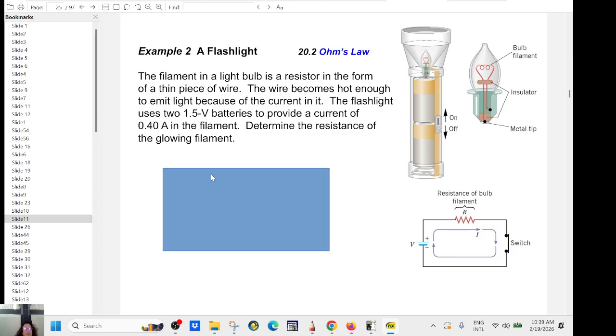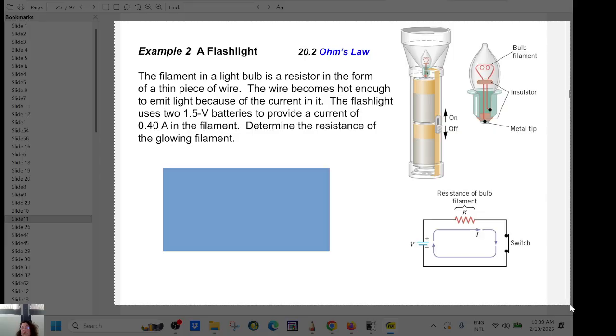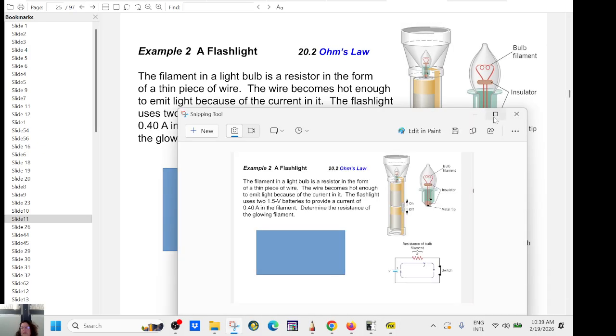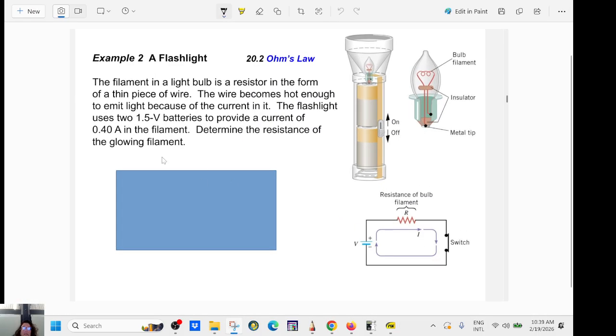Okay, let's do that. So that comes from the book I'm using, the without-calculus book, but it's nice. It has two 1.5 volt batteries, two.